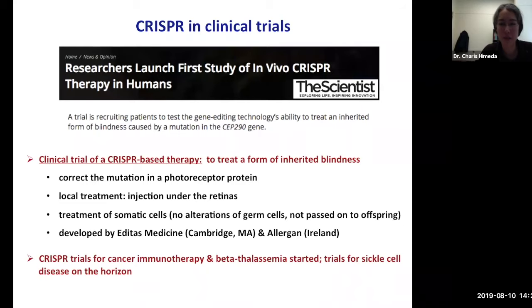Certainly there should be less of an immune response by injecting the eye as opposed to systemic injection. And also, it really is a local treatment, just an injection under the retina.